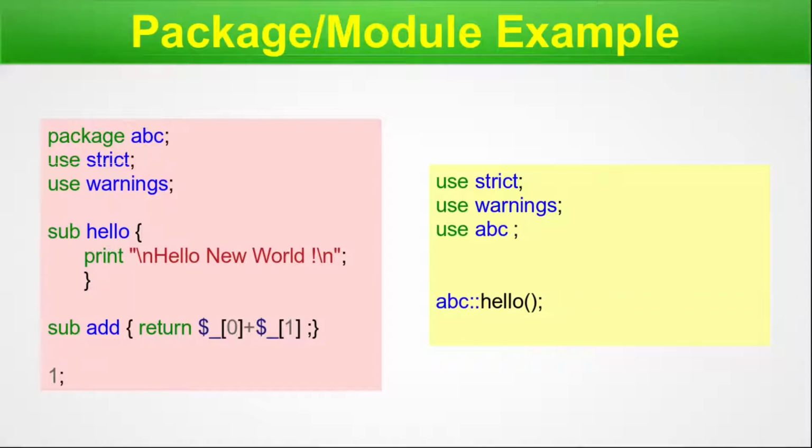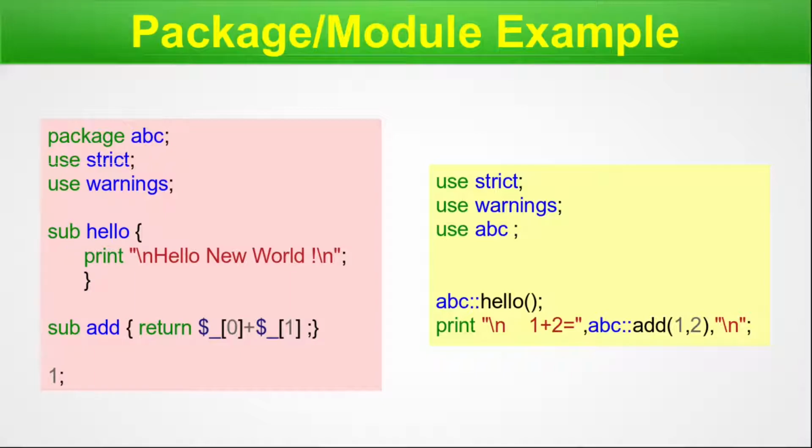How can we call the subroutines? We can do it in both ways. One is abc::hello. If we call like this, hello will be called. Another is inside a print statement: print "\n1 + 2 is equal to", then calling the function abc::add with 1, 2.